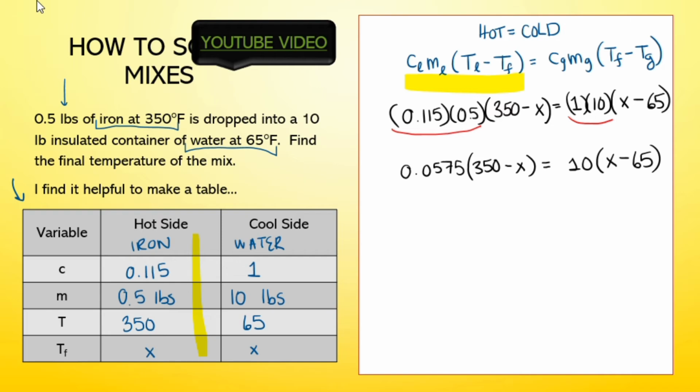So because this 0.0575 is smashed up against brackets, what I need to do is multiply it by everything inside the bracket. And the same with the 10. This is called distribution. So you might remember this. You might have blacked it out because you hate it. So if I do 0.0575 times 350, I get 20.125. And if I do 0.0575 by negative x, well, they can't really multiply, but they can just smash together.